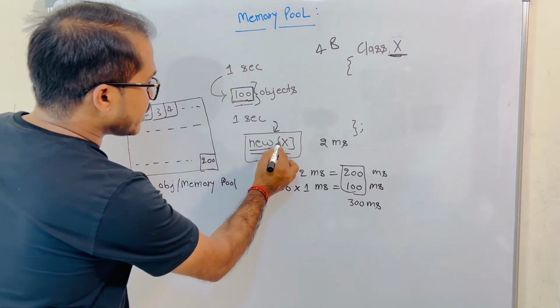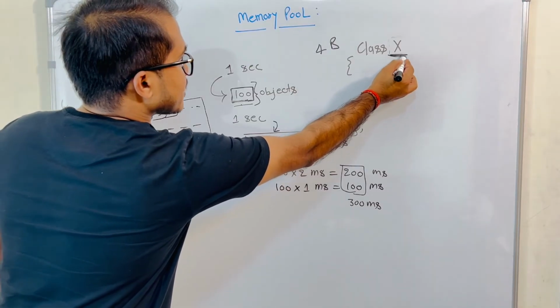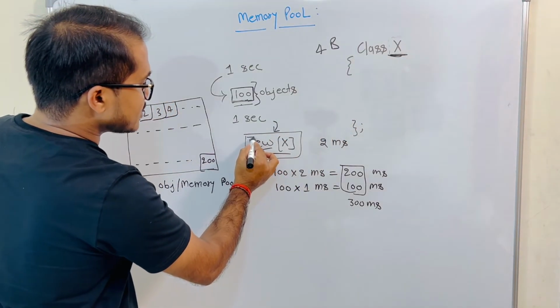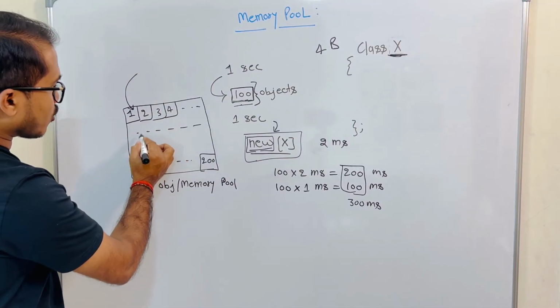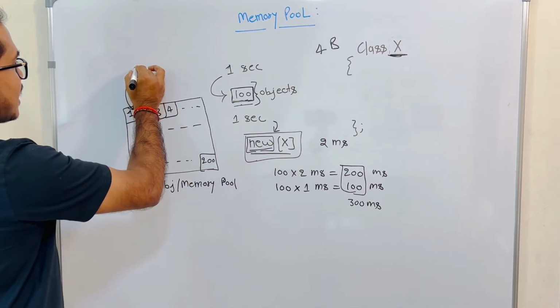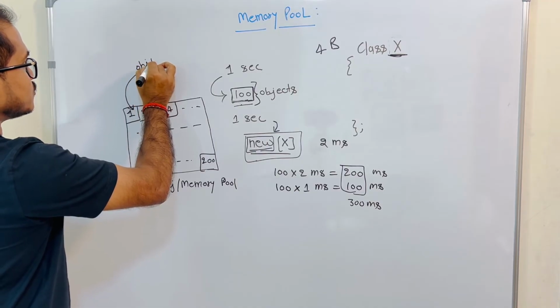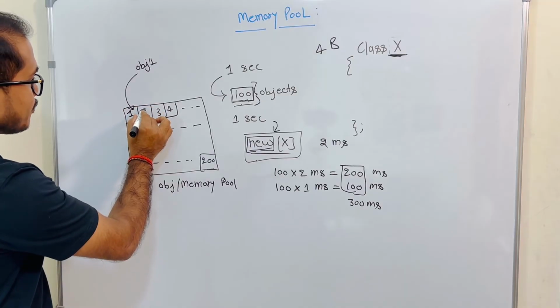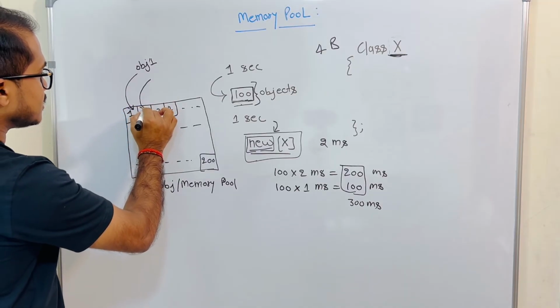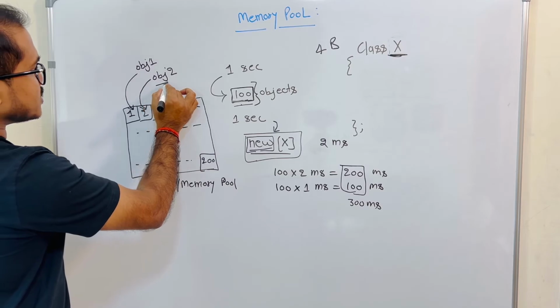Whenever I need to create an object of class X, instead of calling new, I'll pick one object out of this pool. Let's call it object 1. If I need one more object, I'll pick the next object from here and call it object 2.